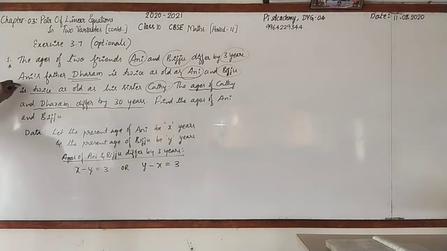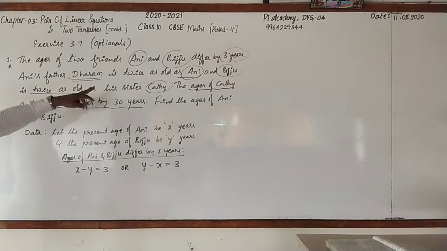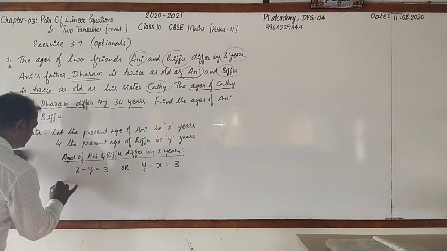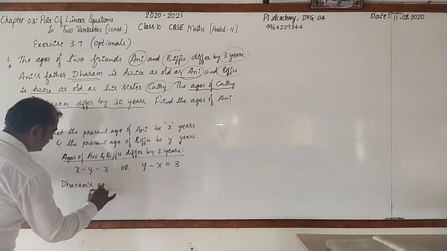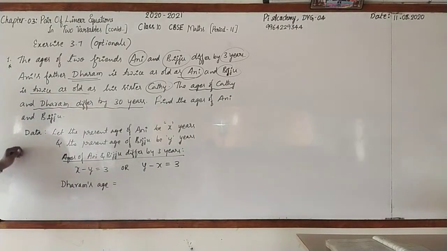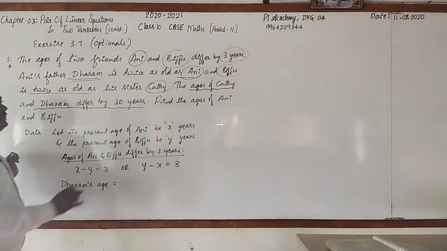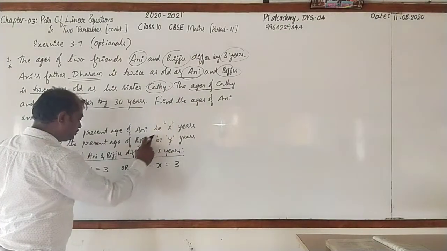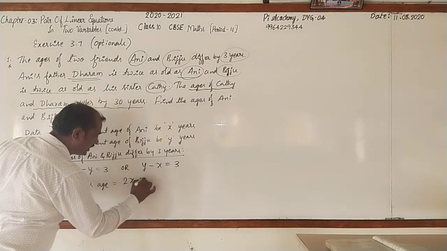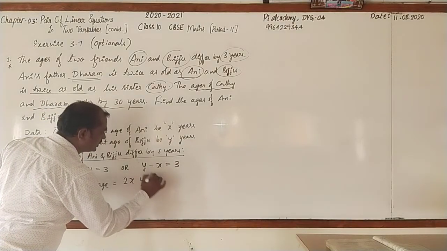And they are given Ani's father Dharam is twice as old as Ani. Here I will write Dharam's age is how much? Twice as old as Ani. Ani's age is x. Twice of that means 2x. Yes.